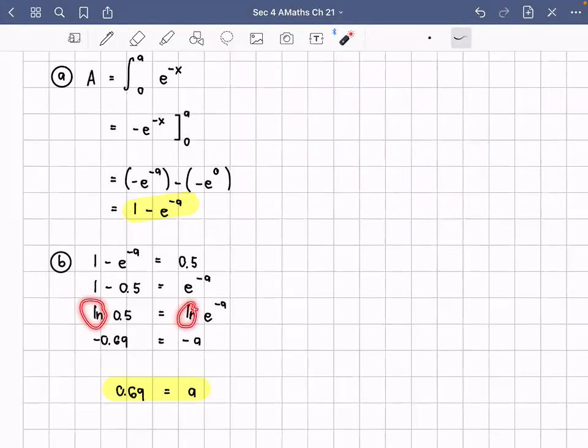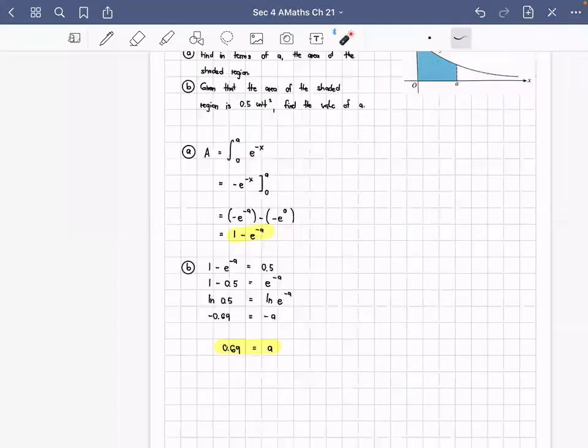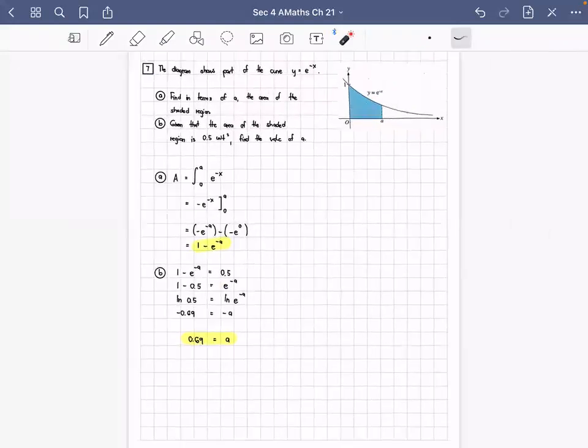The negative a comes down, so you have negative a, because ln of e is equal to 1. Evaluating ln of 0.5, you'll get negative 0.69. So solving for a, the value of a is 0.69.